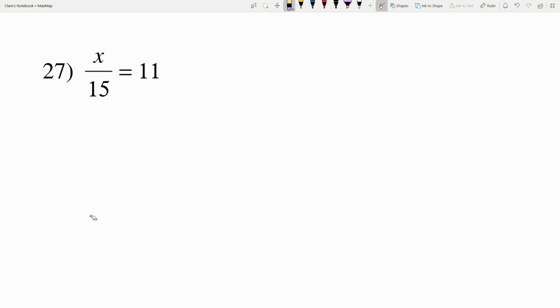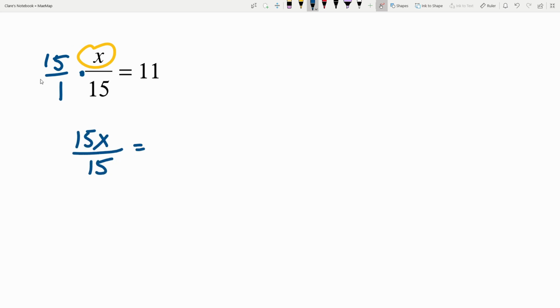Now, in number 27, we're going to solve for x. There's one number where if we divide it by 15, we're going to get 11. So let's figure out what that number is. In order to do that, we need to isolate x, get it all by itself. So if I multiply by 15 over 1, and let's make this a little bit easier to see, I'll cover up that number sign. So 15 over 1, that'll be 15x over 15.